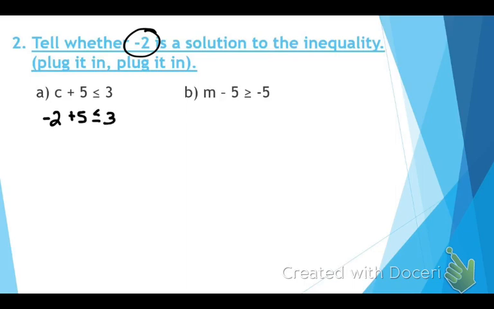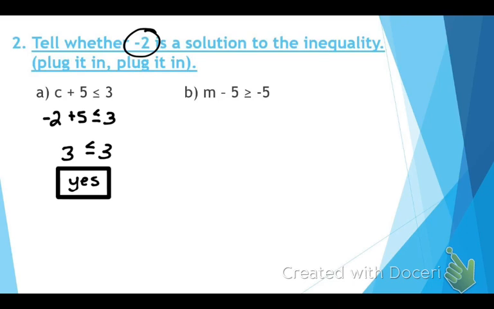The only difference is here it said C, now I'm plugging in -2 for that C. What's -2 plus 5? 3. Drop down your symbol. Is this true, yes or no? 3 is less than or equal to 3. Yes. Why is that true? Because 3 is equal to 3. Because it's the same number.